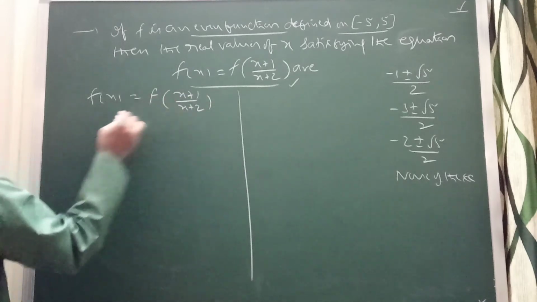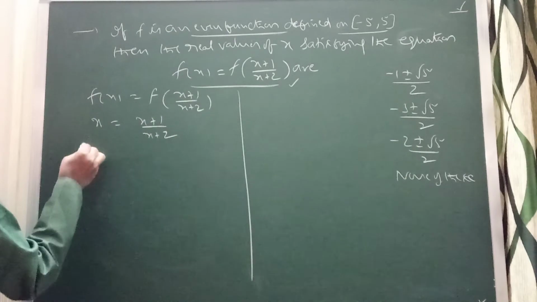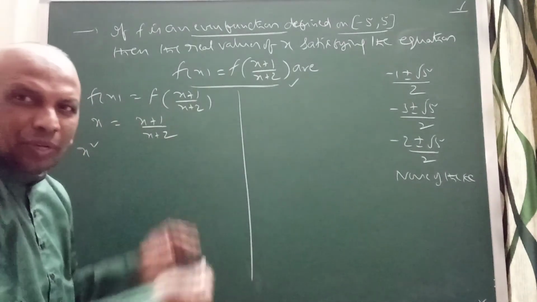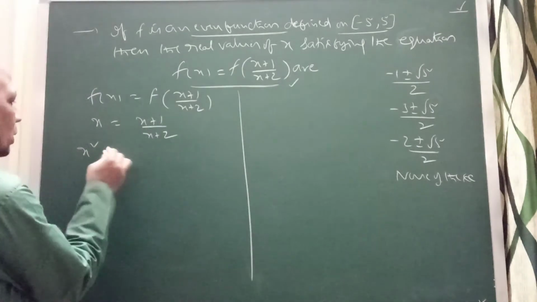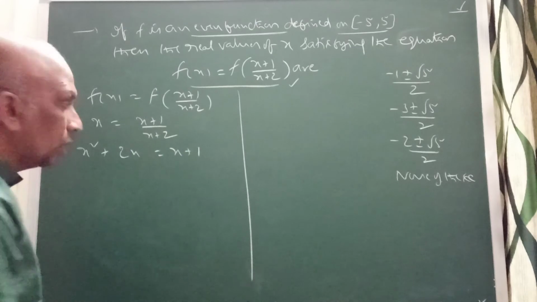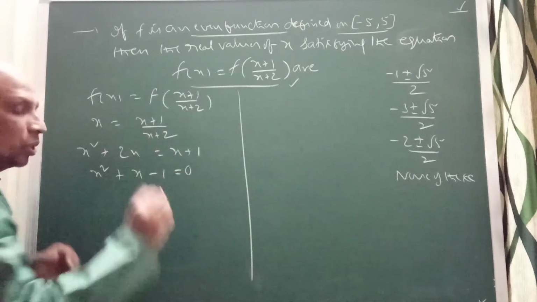If you compare both sides, x equal to x plus 1 by x plus 2. So do the cross multiplication. So x square plus 2x is equal to x plus 1, right?